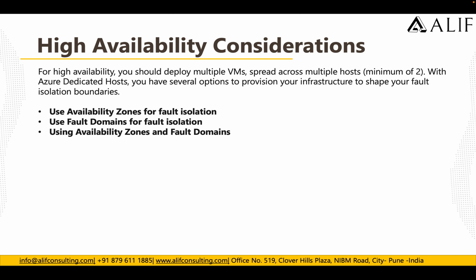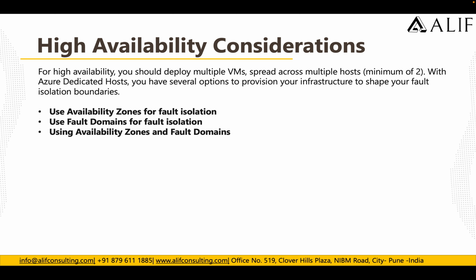Now, what are the high availability considerations we have for the dedicated host? For high availability, we should deploy multiple VMs spread across multiple dedicated hosts, minimum two, same as in a normal Azure console. With the dedicated host, you can have several options to provision your infrastructure to shape your fault isolation boundaries.